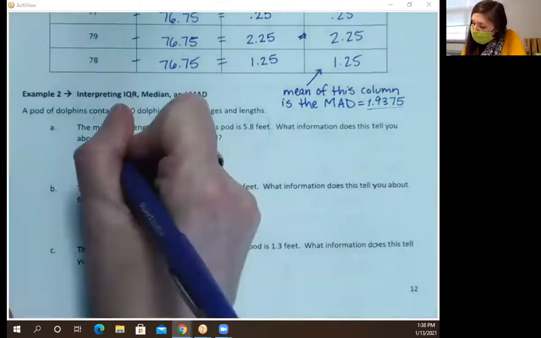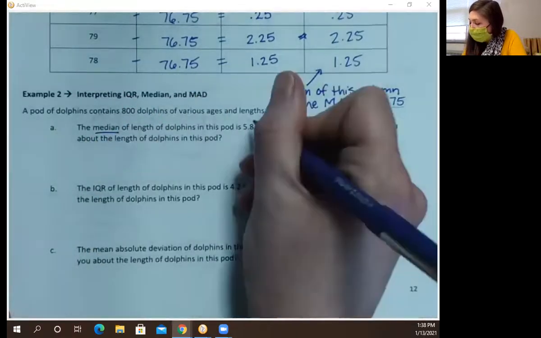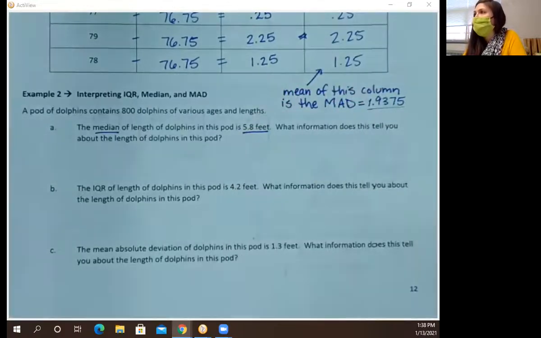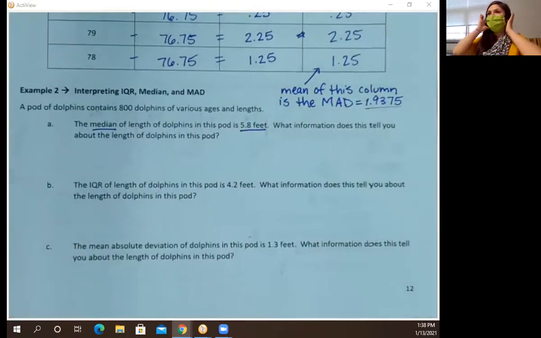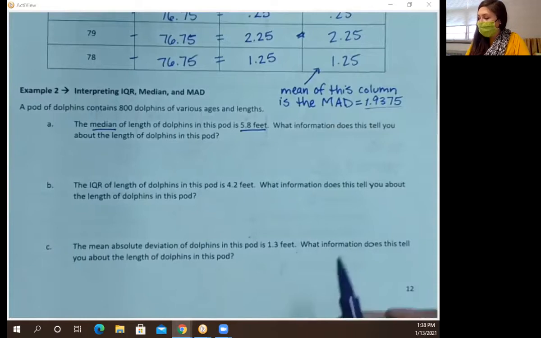We found that the median length of our dolphins for this pod is 5.8 feet. Remember, median is middle. So what can I say about the length of my dolphins if I know the median?